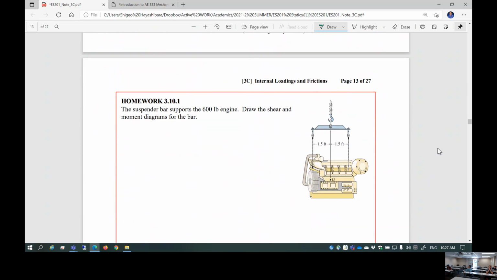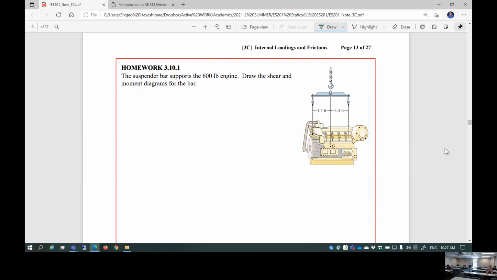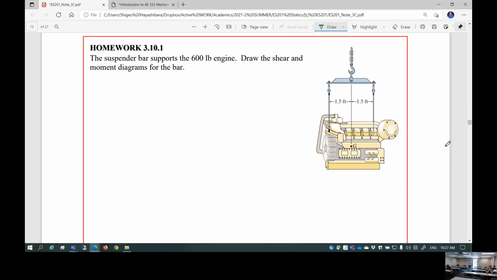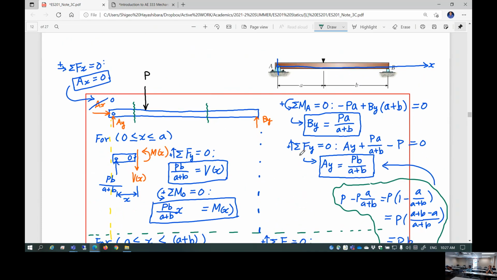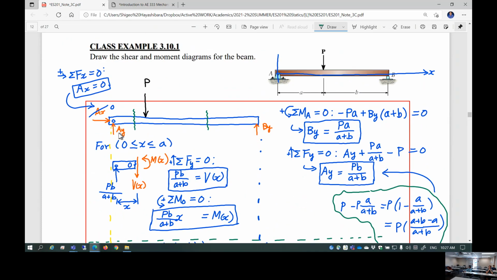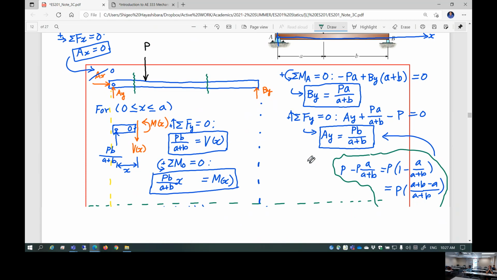Anyways, this is a homework assignment. This is actually very simple, isn't it? It looks super confusing, but it's not. This is a simple beam. You have 1, 2, and 3 support reactions only in the vertical direction. It's essentially about the same problem you did today, with 3 forces involved.